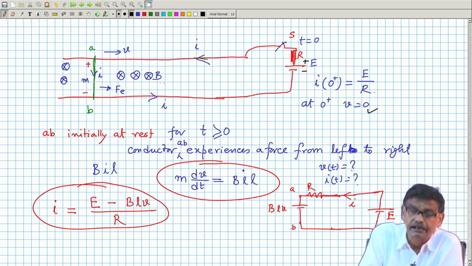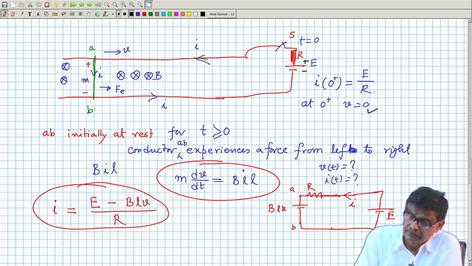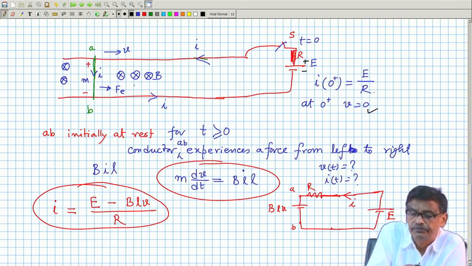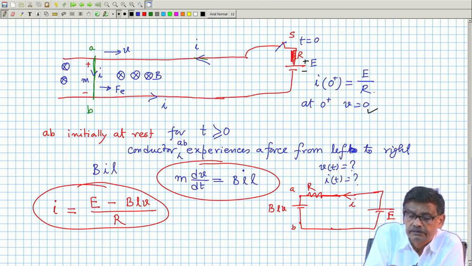It will start moving as time passes. Suppose at any time t the conductor is expected to be accelerating, because there is a force acting from left to right, and the conductor will accelerate. You will get motoring action.